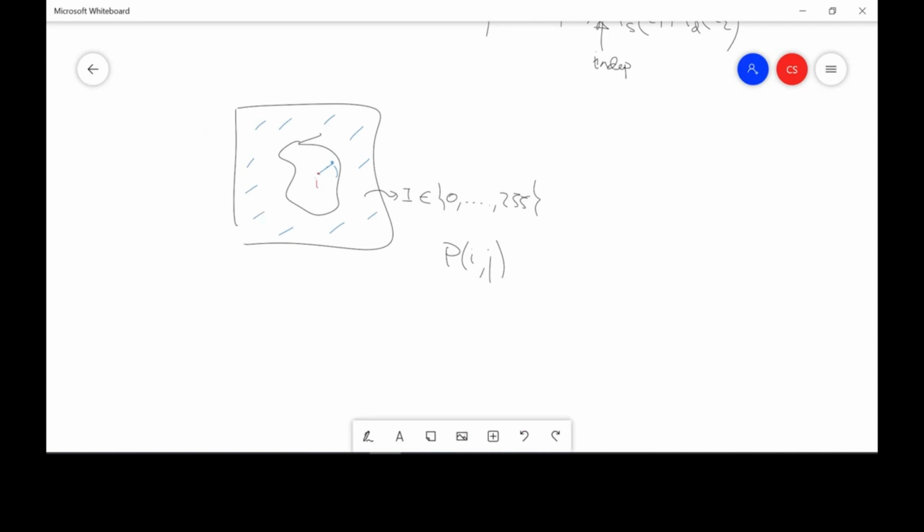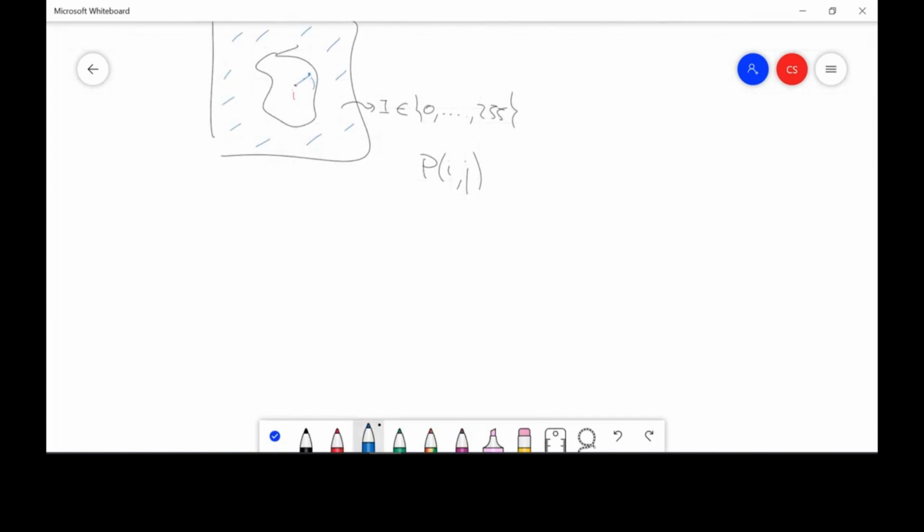And you have to count. Okay, so how large is this matrix? So I have to count how many times i takes value 0, value 1, value 255, and j takes value 0, 1, 255. How wide is this matrix?